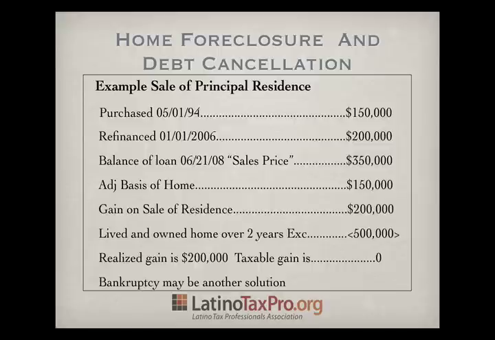So at the time of foreclosure, the gain on the sale of the residence is $200,000. However, in this case, the taxpayer did live in and own the home for over 2 years, allowing them the Code Section 121 exclusion up to $500,000. The realized gain is $200,000. The taxable gain is 0. Once again, advise your clients, bankruptcy may be another solution.